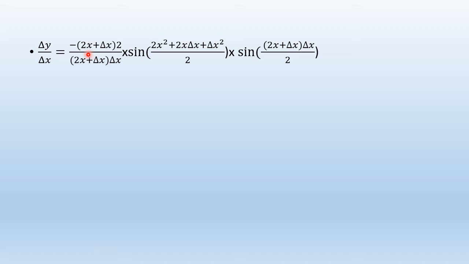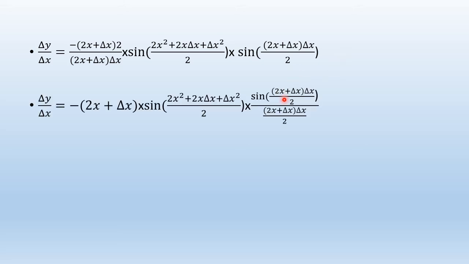We are going to write this 2x plus del x into del x, and this 2 we are going to write below it, and then we are going to write this whole expression under this sine, so that this whole angle becomes under the sine. Let's see. You can see it here. This 2x plus del x into del x is here, and this 2 is under this.